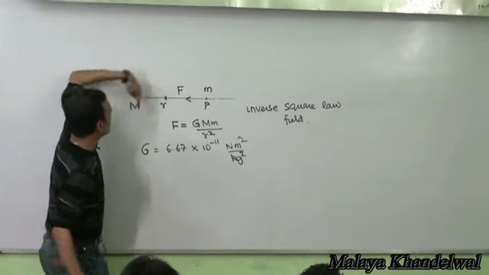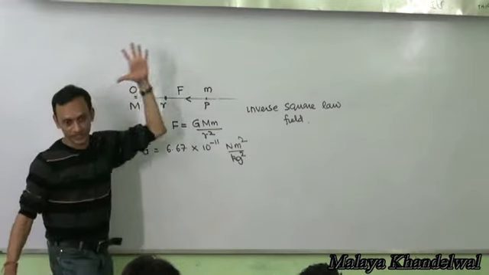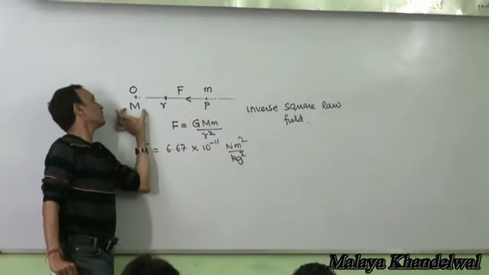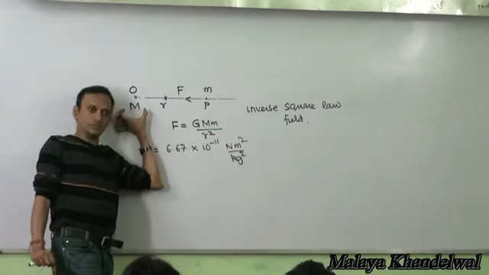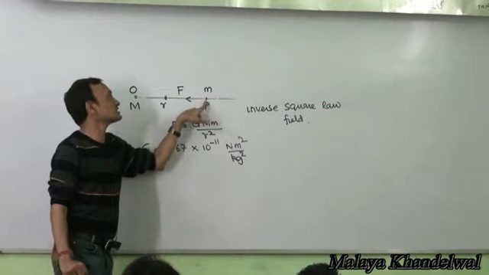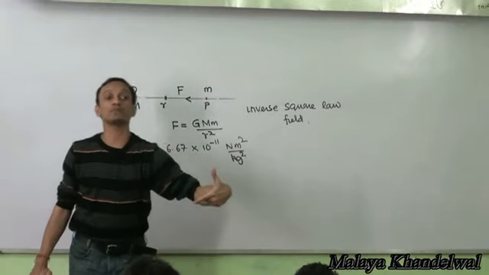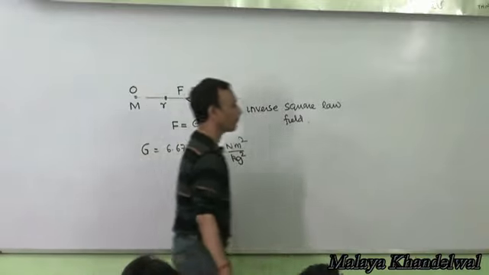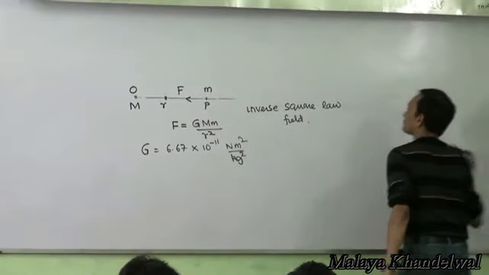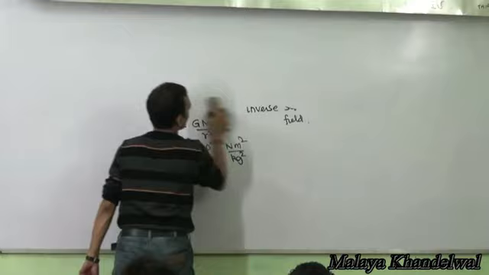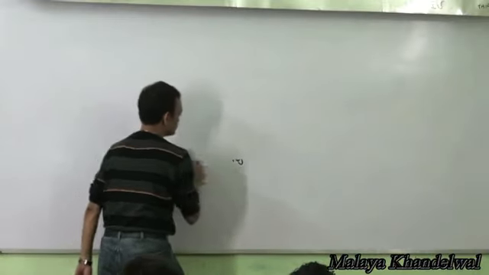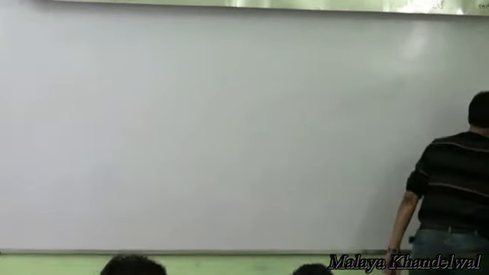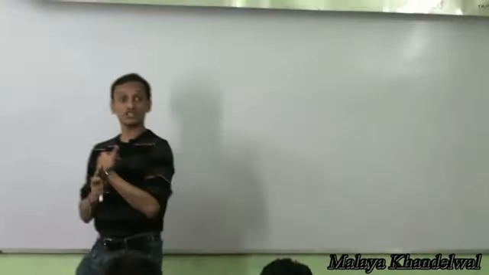This is our test particle. This is the mass which is producing the field. Within the jurisdiction of the field produced by this mass M at a distance r, I'll attempt to compute the potential energy of a mass small m at P. Now, go back to basics, which is how I define my potential energy function.